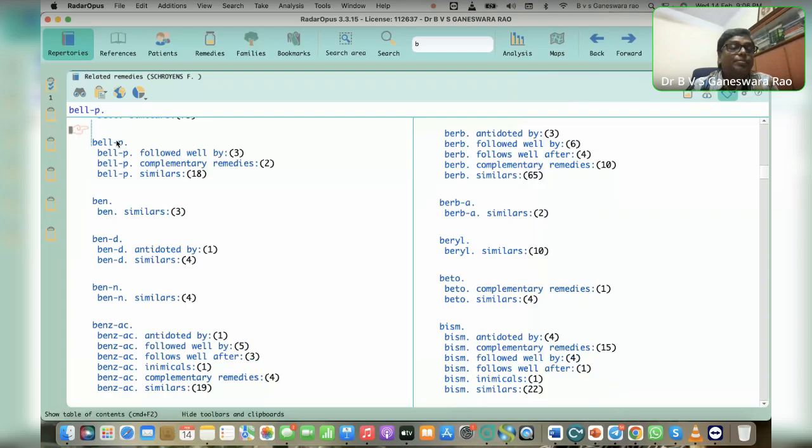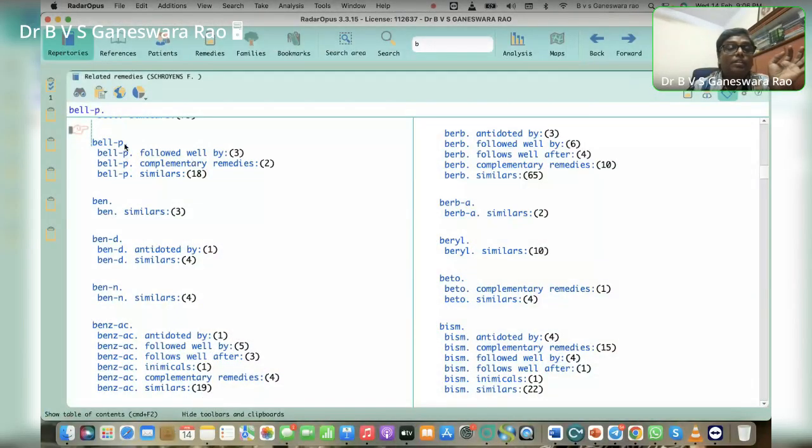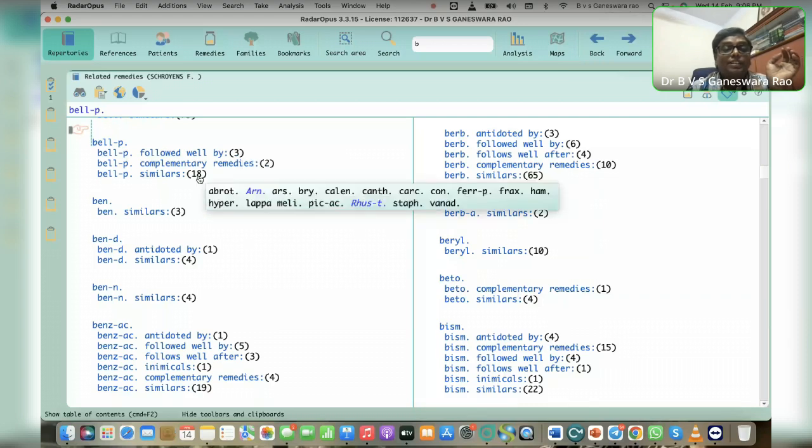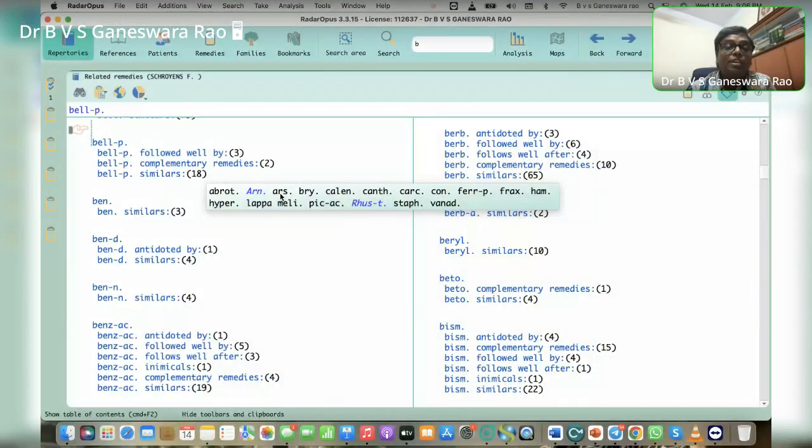So these are the remedies which are complementary to Bellis perennis, or similars. See, if you can see, you have arsenic here. This is one way. I don't say this is the only way, but this is one way you can consider. So you can see the related remedies of that particular drug and consider.